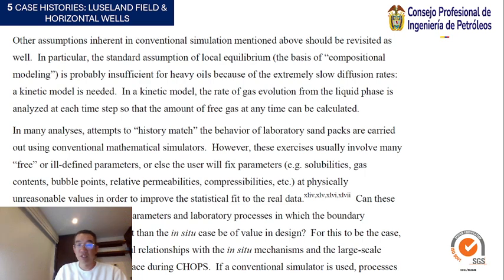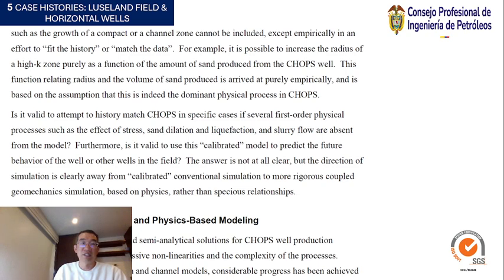If a conventional simulator is used, processes such as growth of a compact or channel zone cannot be included, except empirically in an effort to fit the history and match the data.